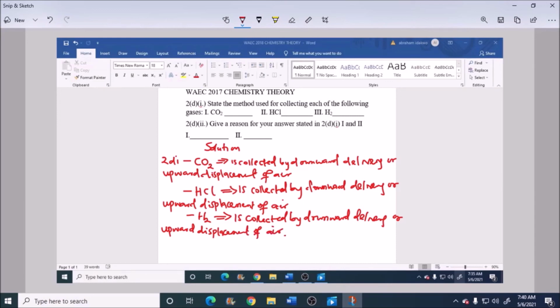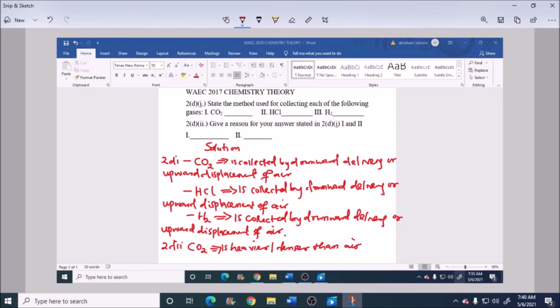Then we have 2D Roman figure 2. We have to give the reasons why carbon dioxide is collected by downward delivery or upward displacement. The reason is carbon dioxide is heavier or denser than air. So that is how it is collected using the method stated in 2D Roman figure 1.